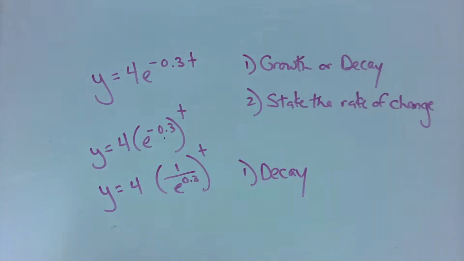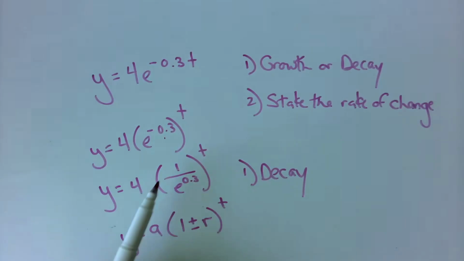Now, the second part asks me to state the rate of change. And so I'm going to remember that my rate formula looks like this, right? y equals a constant times 1 plus or minus the rate of change, raised to the t. So the next thing I'm going to do is use my calculator to find out what e to the negative 0.3, or 1 over e to the 0.3, is. That's the same thing.